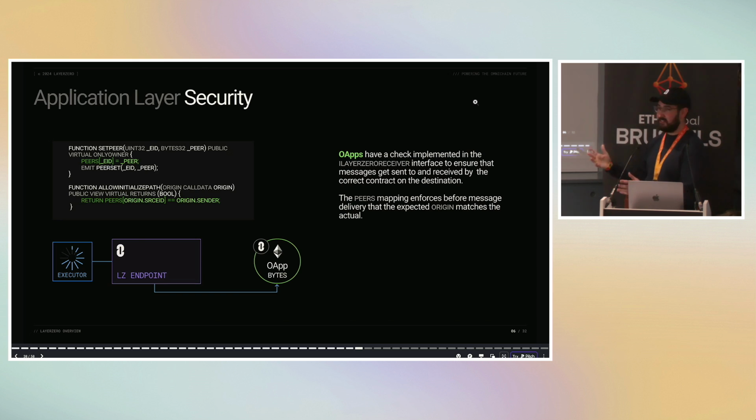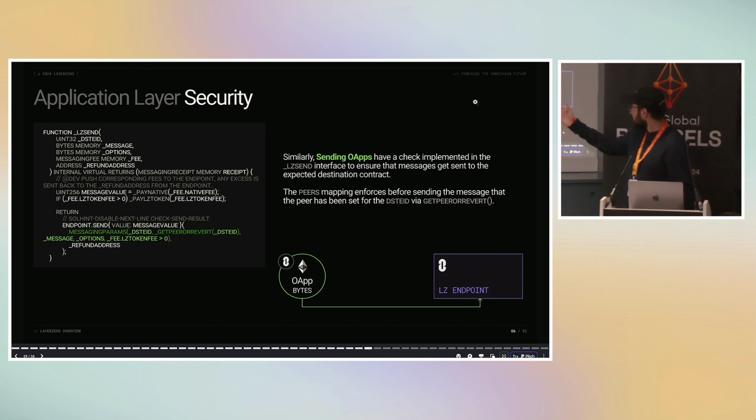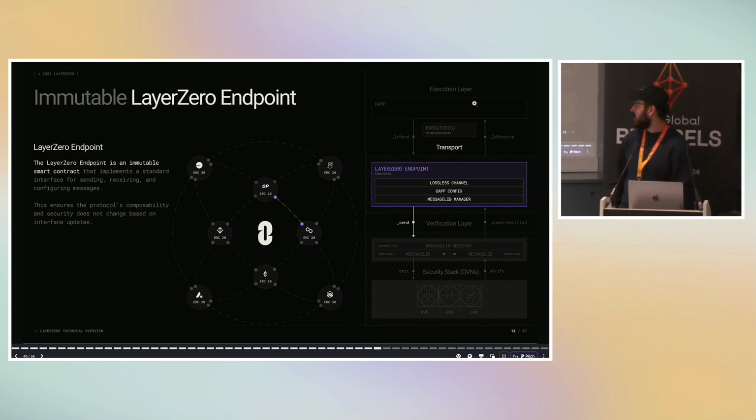So it enforces once again that you have the verifiers that are checking the integrity of the actual message itself, and you know that the origin is coming from the place you expect, to prevent any invariance. Again, the same thing works on the send side. We check the peer and we just say get peer or revert for that destination, to ensure that you have configured a correct peer on both chains.